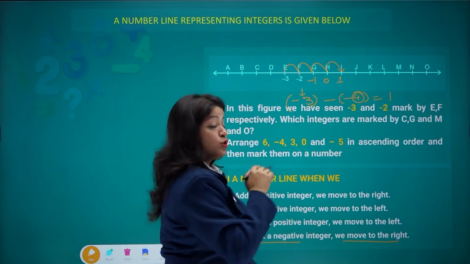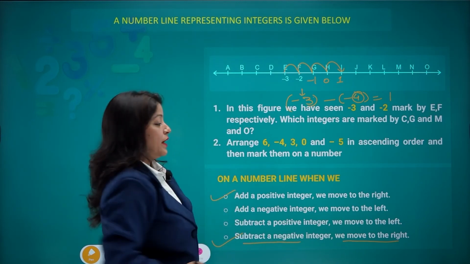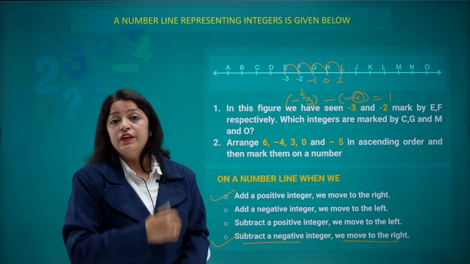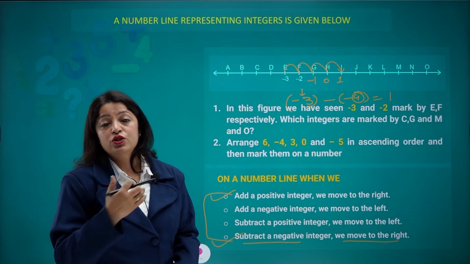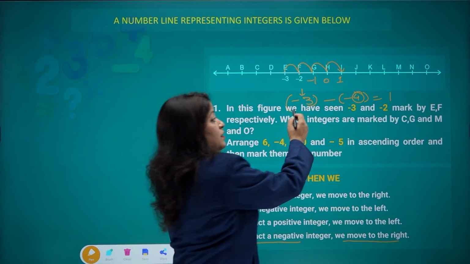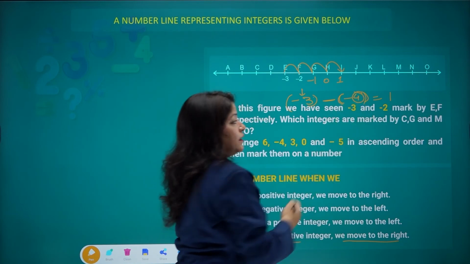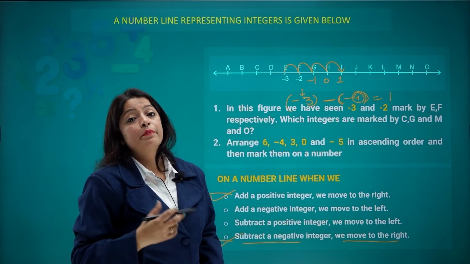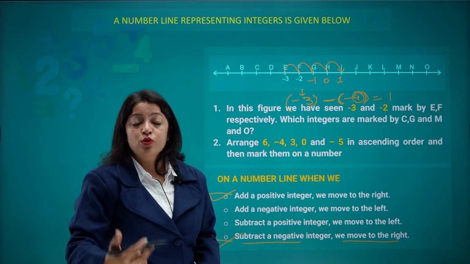In two cases we move to the right: while we subtract a negative integer and while we add a positive integer. And these two are closely interrelated to each other. How are they interrelated? If there is a negative sign before any bracket, we multiply the sign, which we will be dealing with in later segments also.